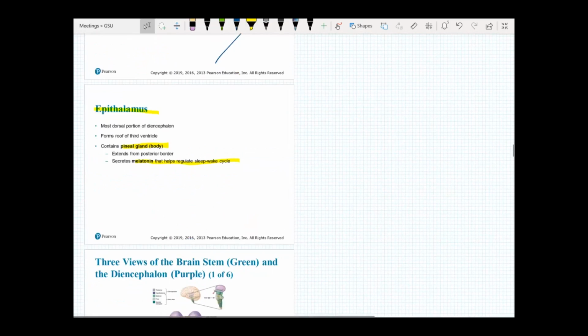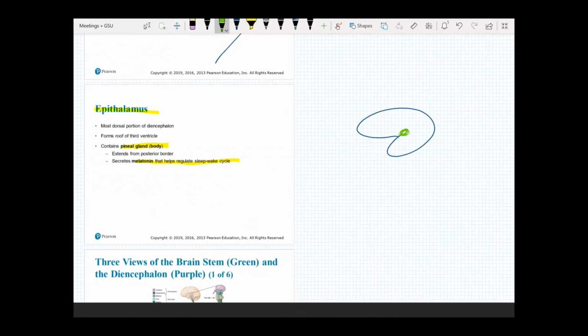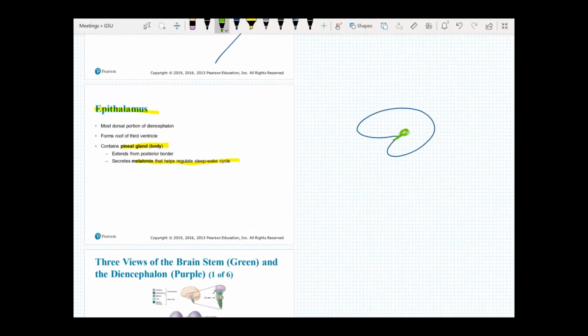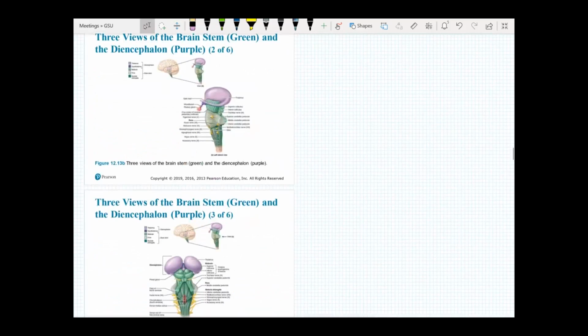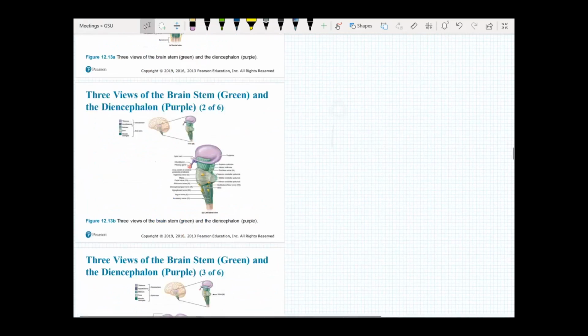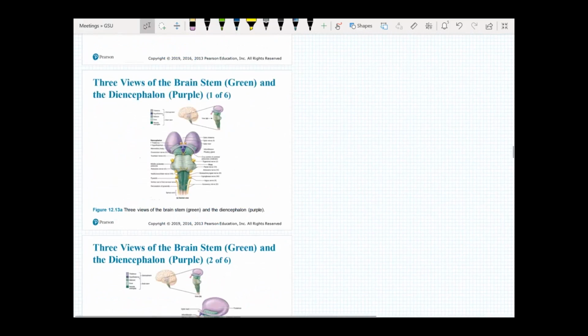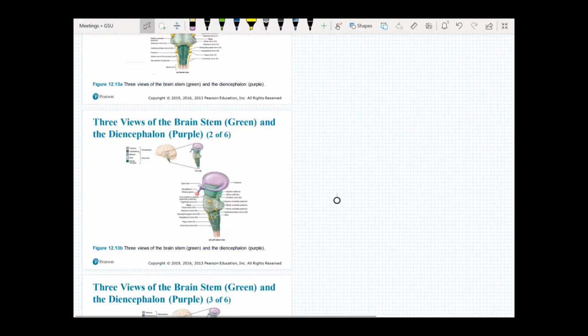So if here is my brain, your epithalamus will kind of be around here, deep inside, and your epithalamus will kind of be sticking out right there. That is where you'll have your pineal gland, which helps regulate your sleep-wake cycle. So you can see how this is your brainstem, and we're talking about these sections essentially right now.